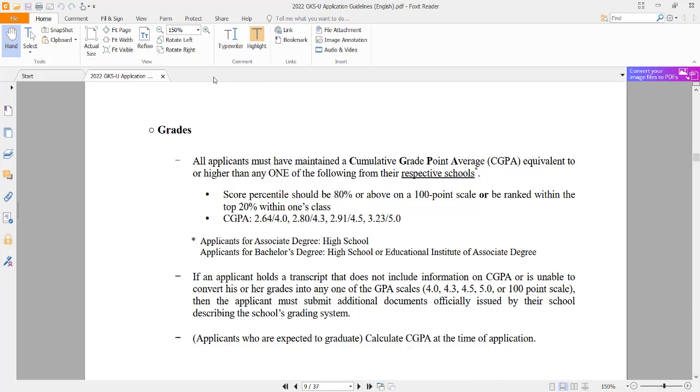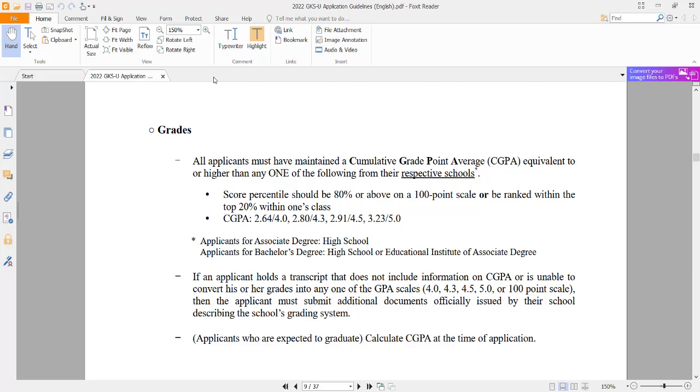Suppose you have passed class 11, you are in class 12 and waiting for your results. You can give your results from class 10 and 11, and that's all. But if you have passed out of class 12, meaning you have passed your high school, then you can give the results of your class 10, class 11, and class 12. These three mark sheets you can give.